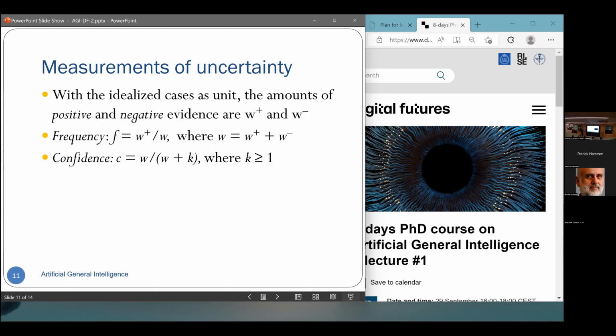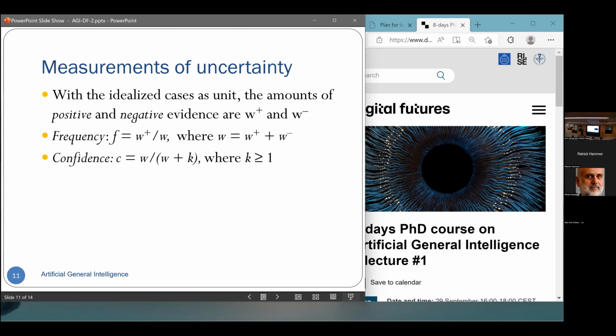100% true, 20% true, of course, that's a different level of uncertainty. But if we say 20% true, does that mean 2 out of 10 or 200 out of 1,000? Will they give you the same ratio? But clearly we know that's a different scenario.